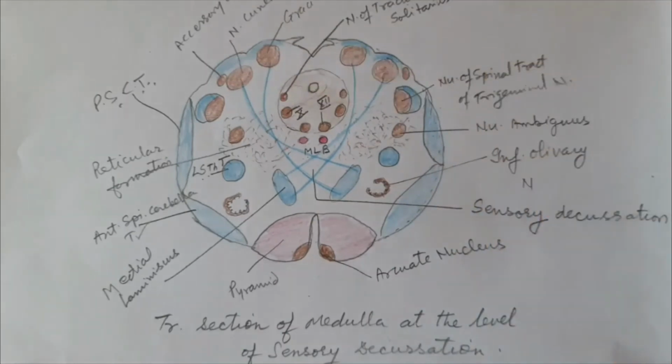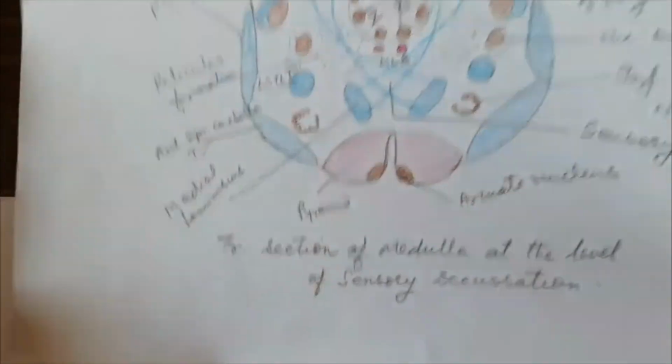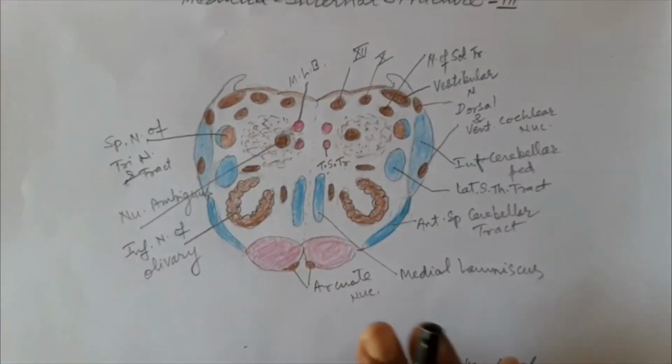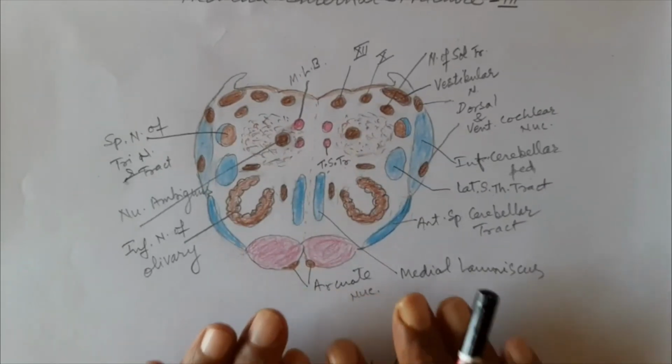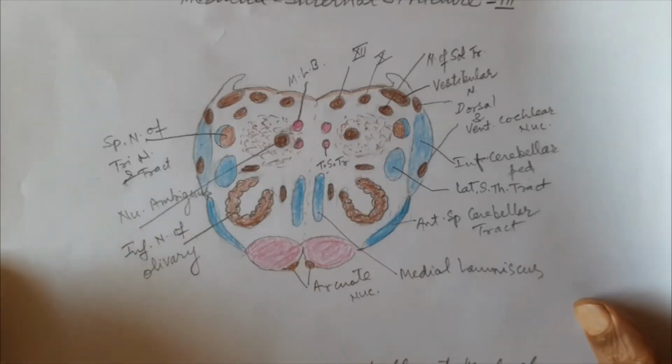Similarly, there is disappearance of the accessory cuneate, cuneate and gracile nuclei from the posterior part. So this completes the internal structure of the medulla oblongata through the 3 short videos.